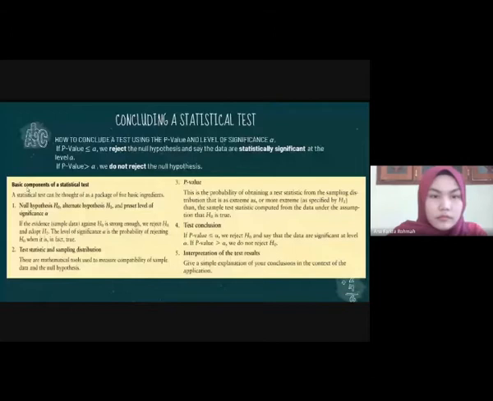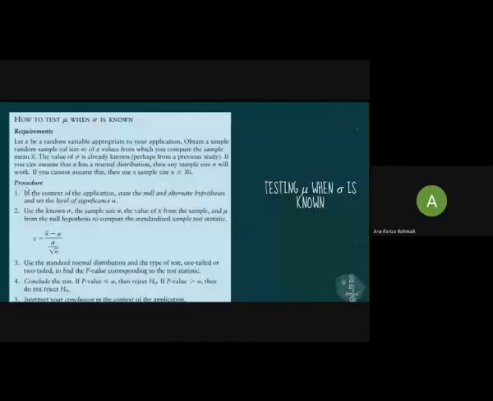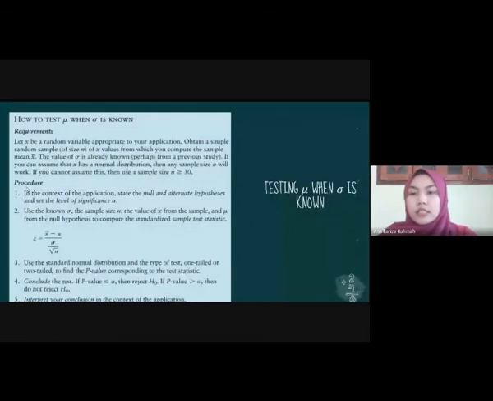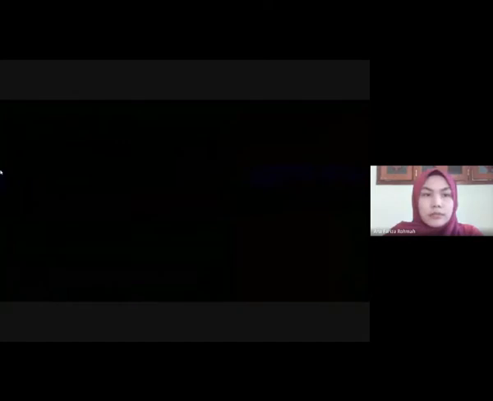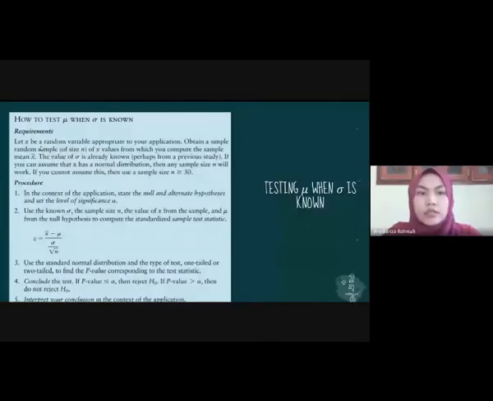And then testing mu when standard deviation is known. The requirement is: let X be a random variable appropriate to your application. Obtain a simple random sample of size n of X values from which you compute the sample mean X bar.